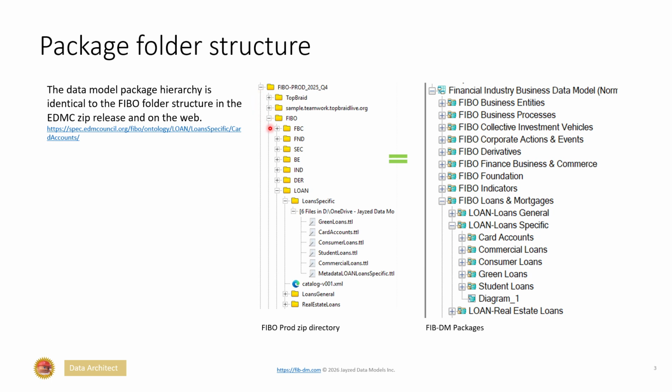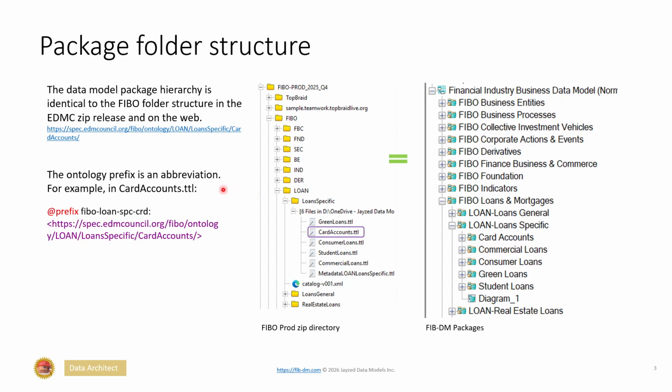And it's also identical to the folder structure, as well as the folders on the URI. So here we see FIBO, loan specific, card accounts, and in FIB-DM we have the major root packages for the FIBO subject areas, and then we see loans and mortgage, loan specific, and here the individual specific types of loans.